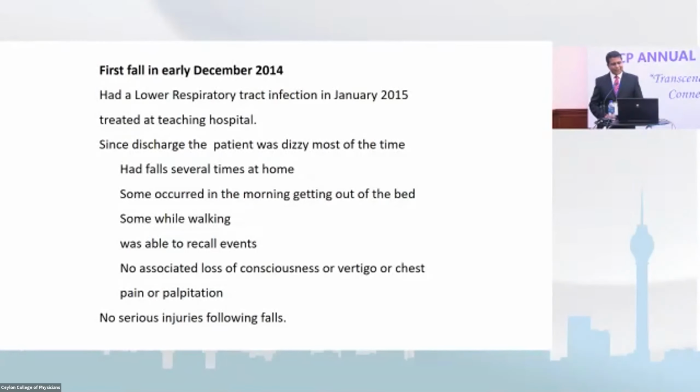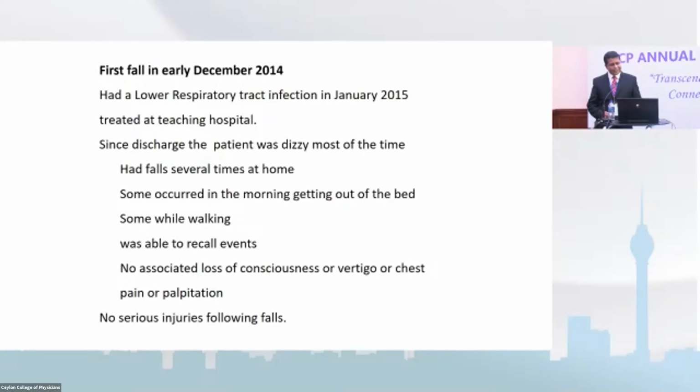She had a fall before admission, but since discharge her main complaint was that she was more dizzy. She was dizzy most of the time of the day. After coming home, she had several falls, but fortunately she didn't have much injury.